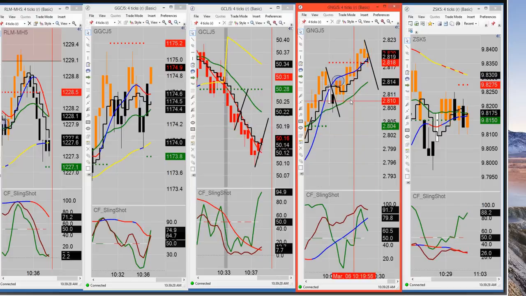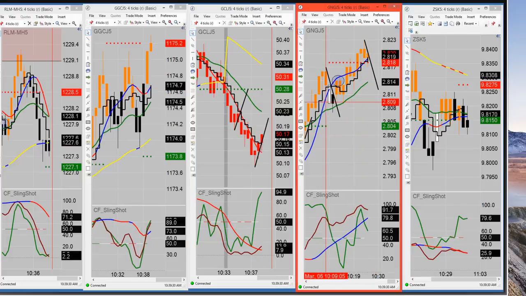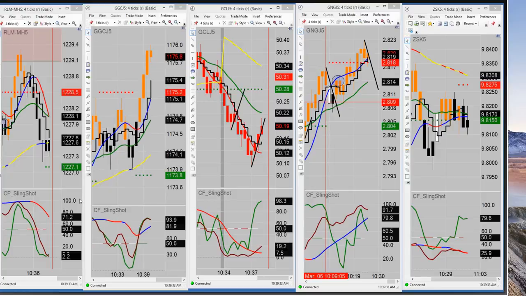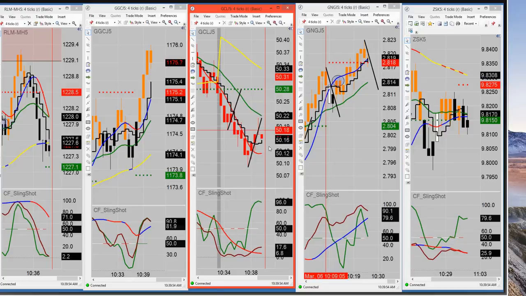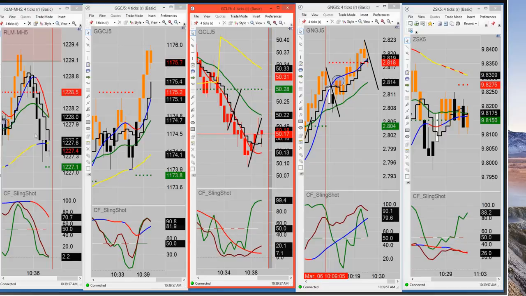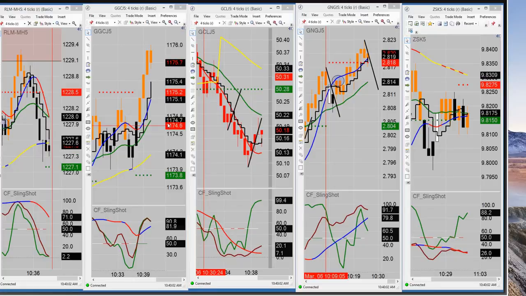All right. A down close on this bar now. 50.17 is the high, so 50.13 would be the low on crude.